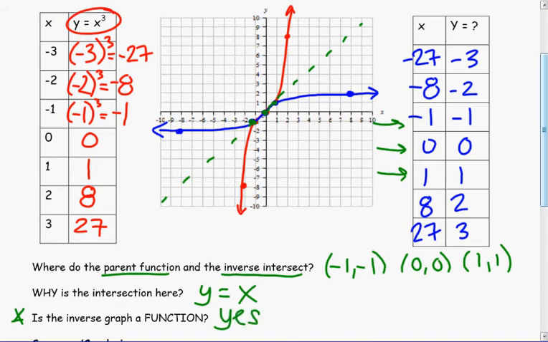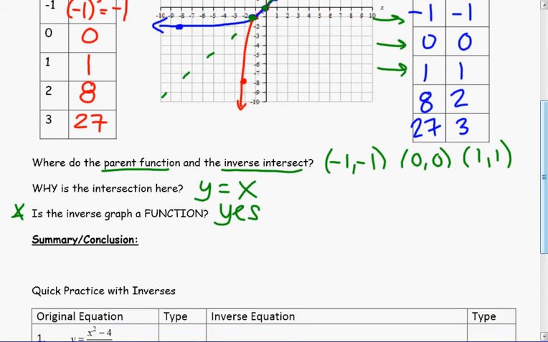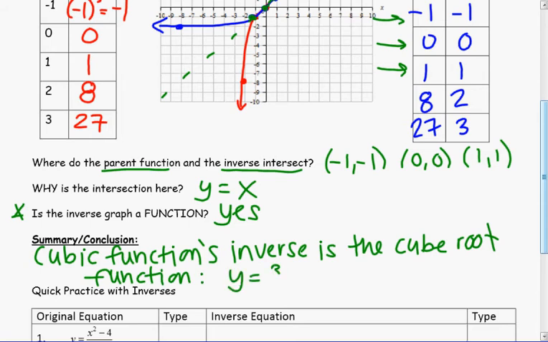So just like last time, we wanted to give this function a name. And remember that it came from the opposite of our cube function, y equals x cubed. So now, the cubic function inverse is going to be called our cube root function, with the equation y equals the cube root of x.